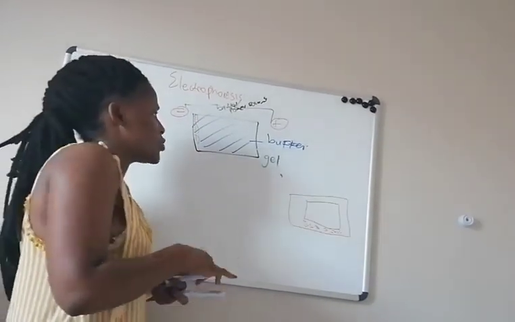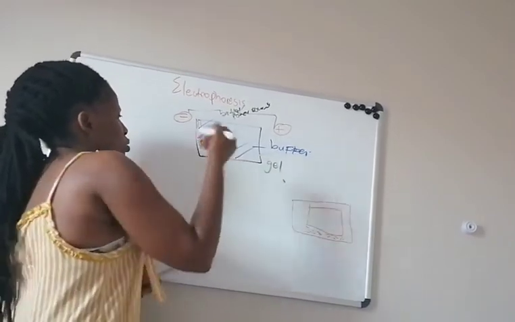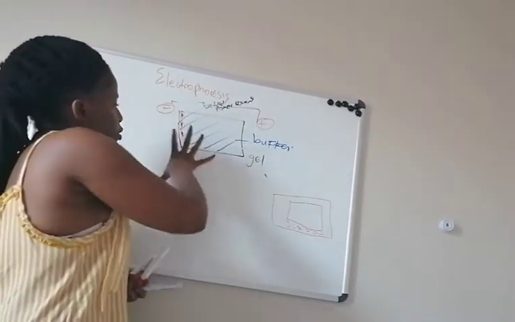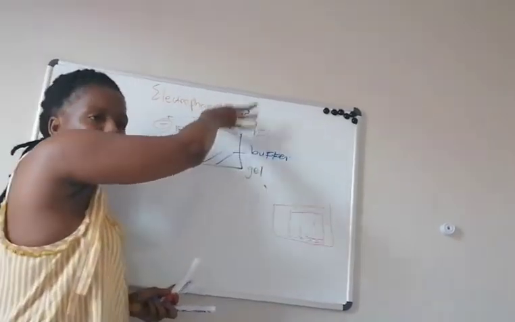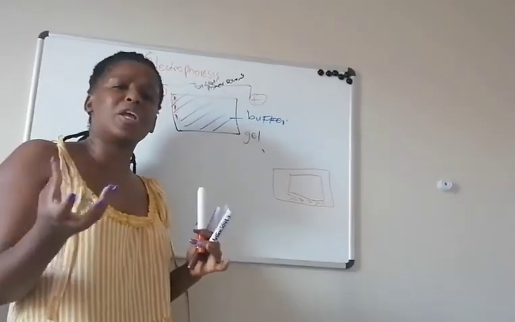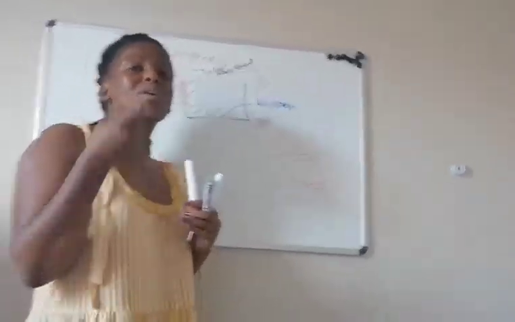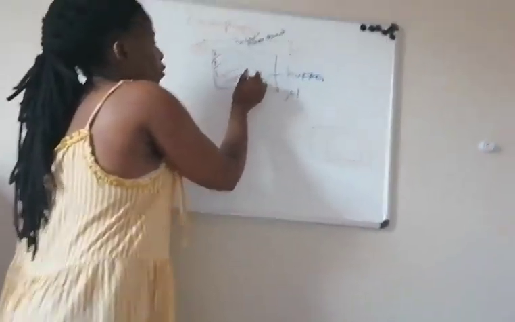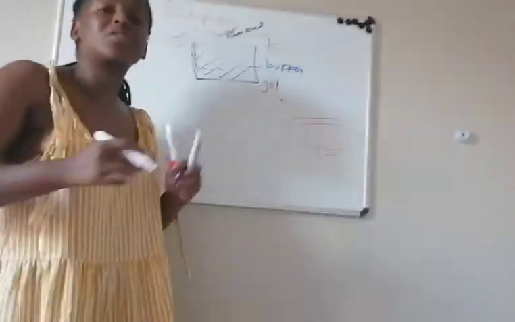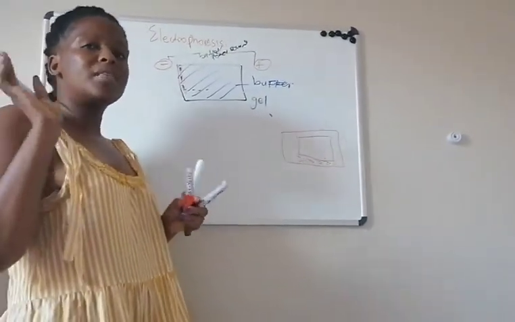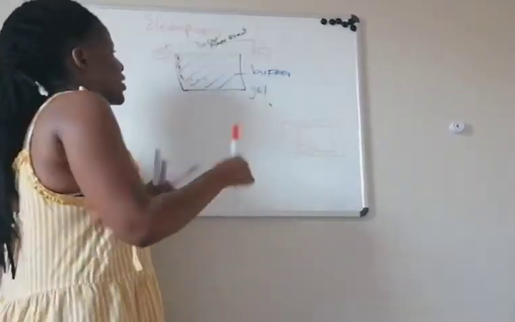As soon as the sample is loaded on the gel, and the power source has been introduced, the particles in the sample will start to migrate, moving from the point of origin to a specific point on the gel, and it will only stay at the specific point on the gel based on their characteristics.